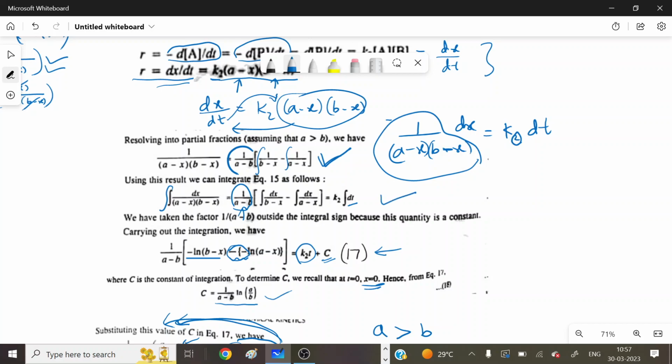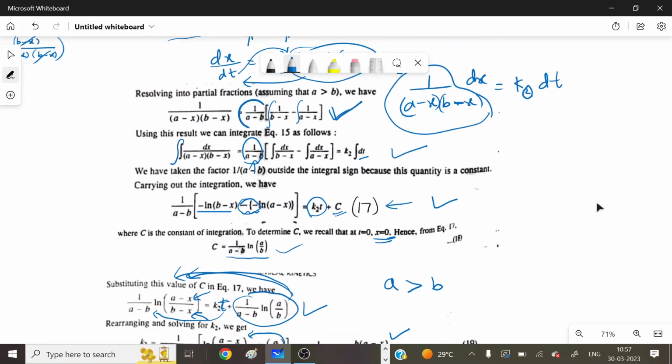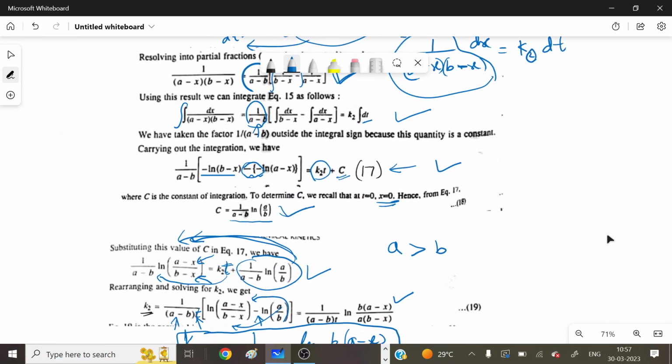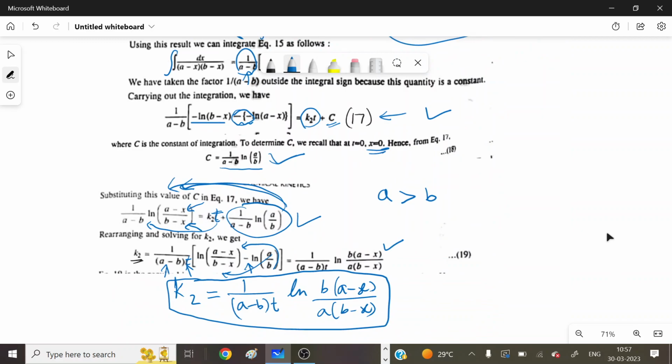After integration you will get equation number 17. Put the value of C in equation number 17. Rearrange the equation, and after rearranging you will get the final equation. You can watch the video again and write it down.